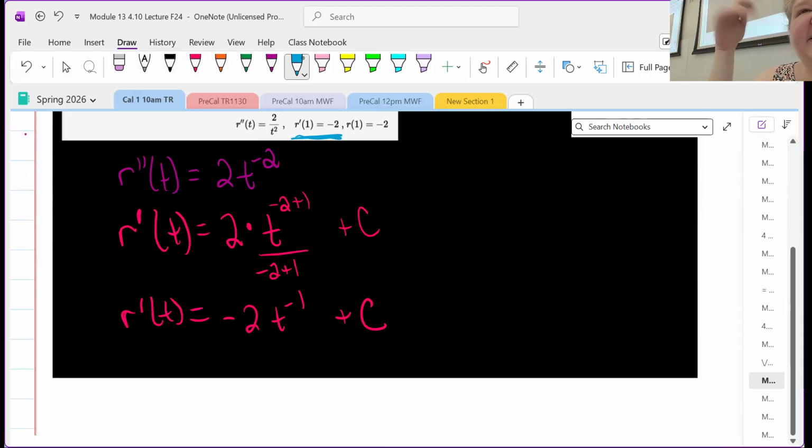Now, before I continue on, they gave me one of my initial conditions that is actually about the first derivative. So I'm going to use this point right now to figure out this c value. So when I plug in 1 to the derivative, I get negative 2 as my result.